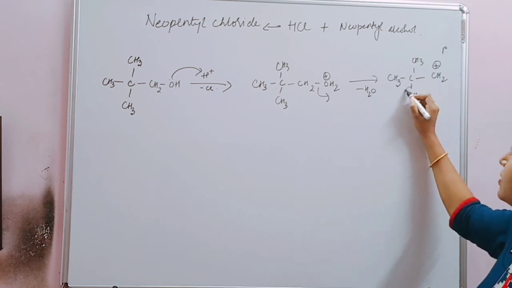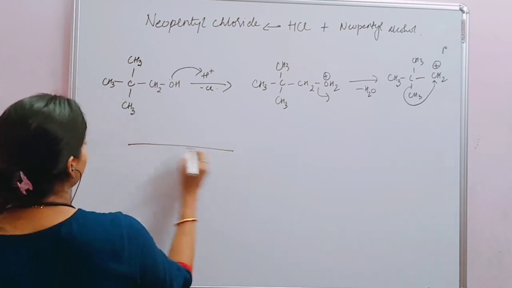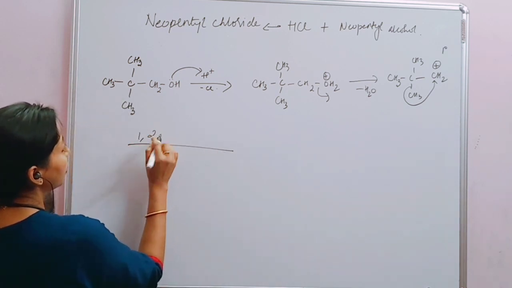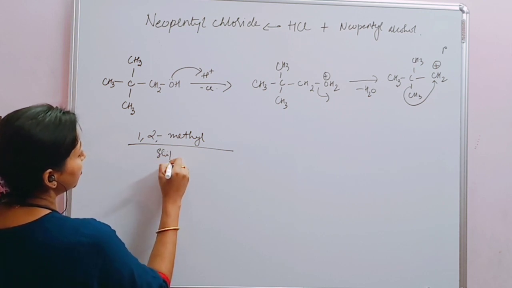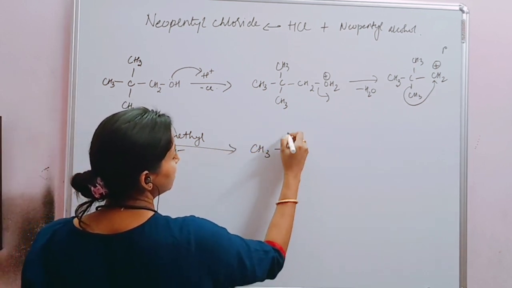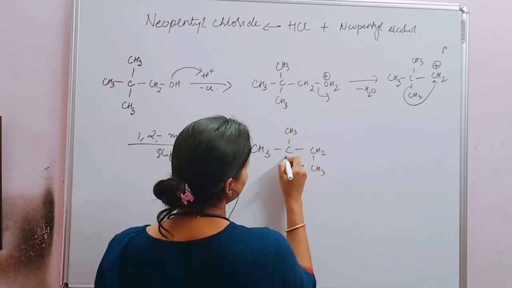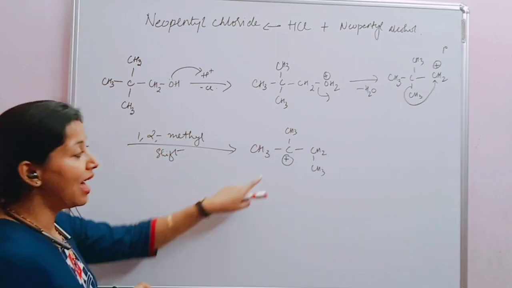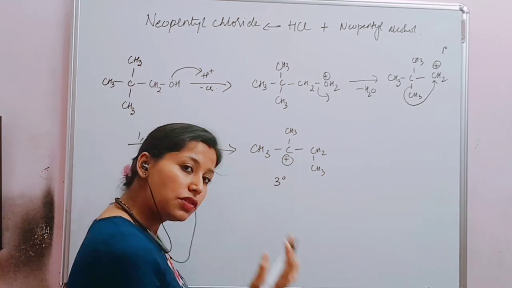This adjacent methyl group shifts here. We will call this a 1,2 methyl shift. So now your positive charge comes here, and this is obviously tertiary, which is much more stable.